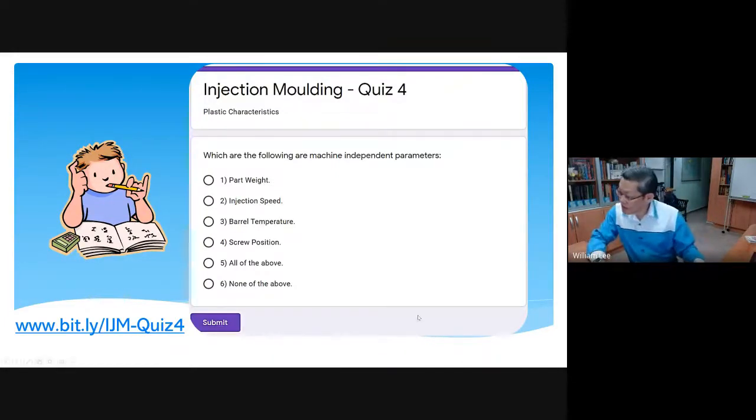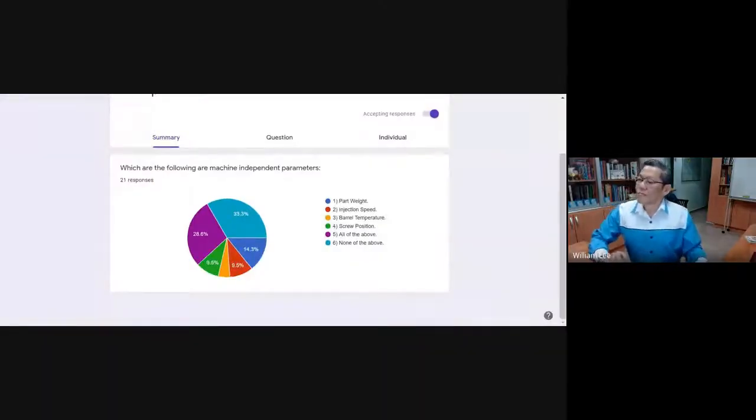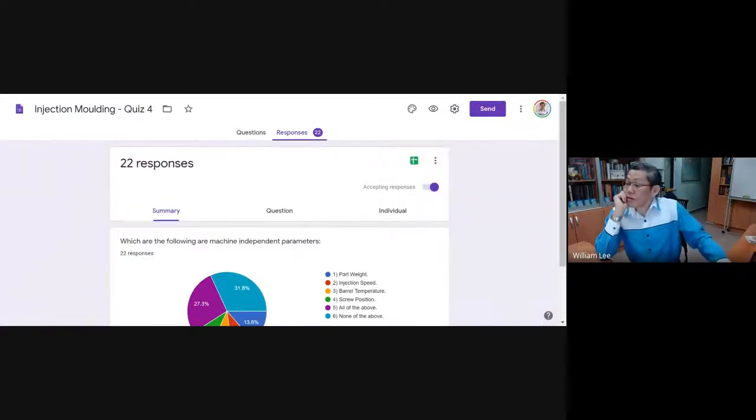That means this data does not depend on what machine you use. Okay, so let me see. This is quiz number 4. Which of the following are machine independent?